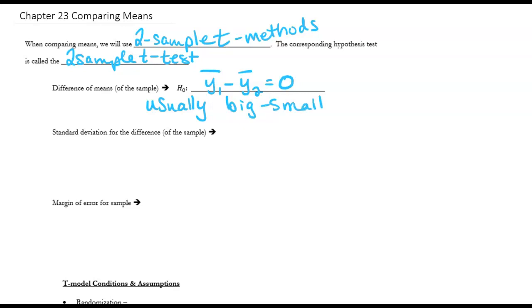All right, so when we have to find the standard deviation for the difference in the samples, remember our standard deviation formula is the standard deviation over square root of n. But I'm going to have 2 different samples, sample 1 and sample 2.